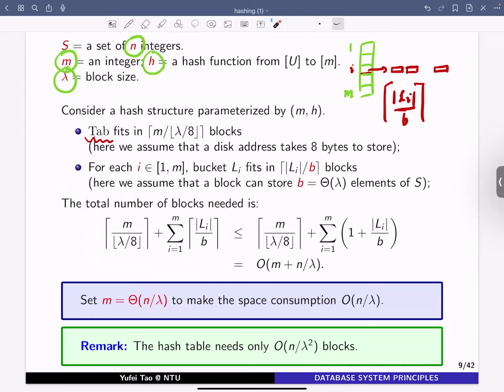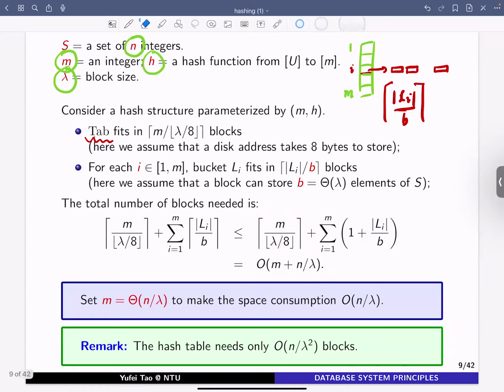So you do some calculation that is rather rudimentary, and I'm not going to talk about that. And then in the end, you will get this expression here. Okay, essentially saying you will be using m plus n over lambda blocks, up to a certain constant factor at most.